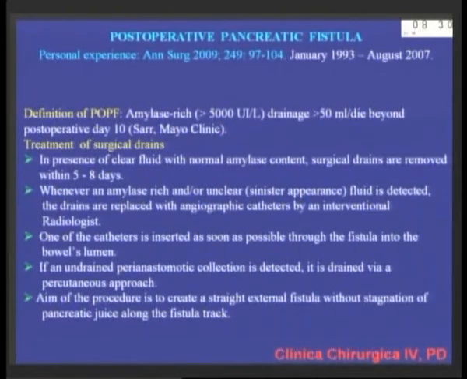the drains are replaced, usually between the 7th and the 8th postoperative day because the tract is solid enough, with angiographic catheters by an interventional radiologist. One of the catheters is inserted as soon as possible through the fistula within the bowel.